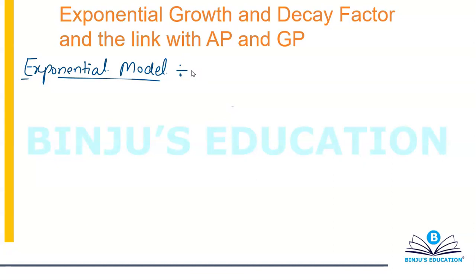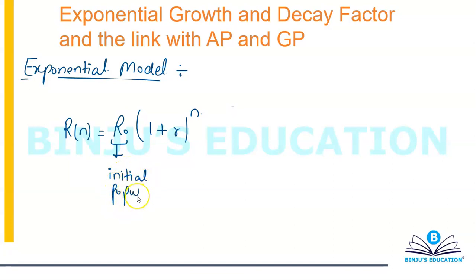Whenever you talk about an exponential model, any exponential model is given as follows, where R naught, or you can have P naught, or A naught, tells you regarding the initial population. This Rn tells you regarding the population after n years.